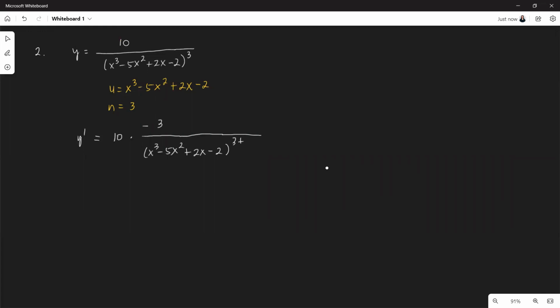If it's in the numerator, then minus 1, but it's in the denominator, so you add 1 instead. Then multiply it with the derivative of the base. So derivative of x cubed minus 5x squared plus 2x minus 2. So we have negative, this is negative 30.